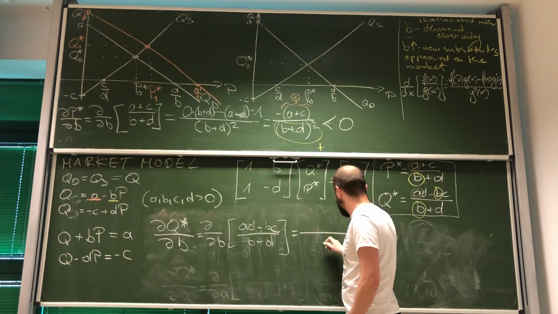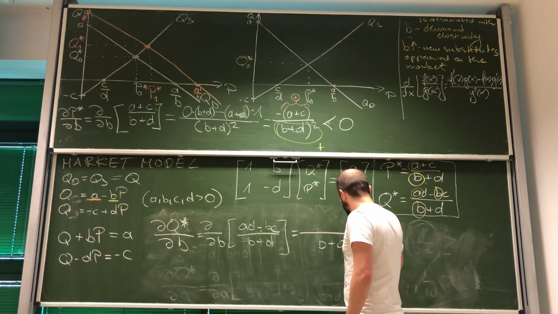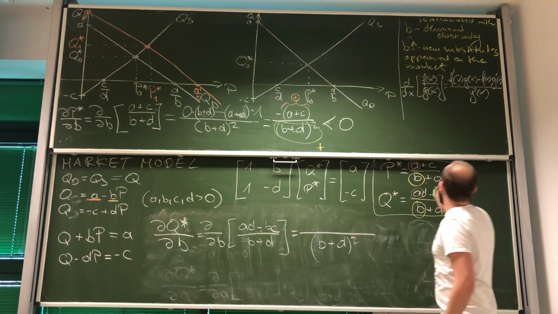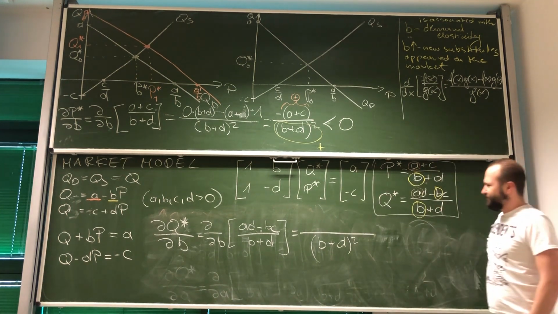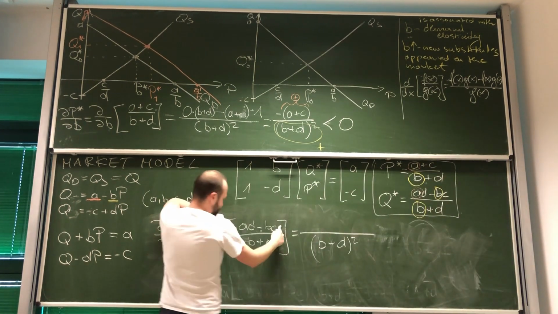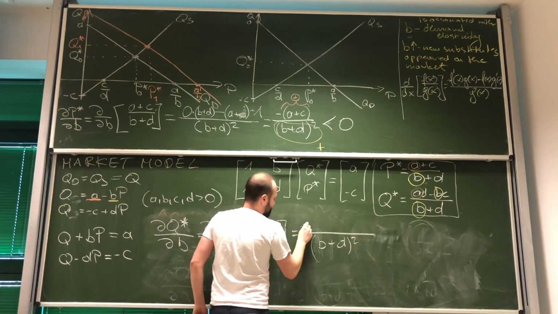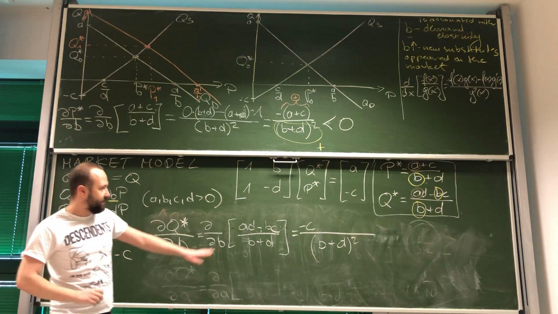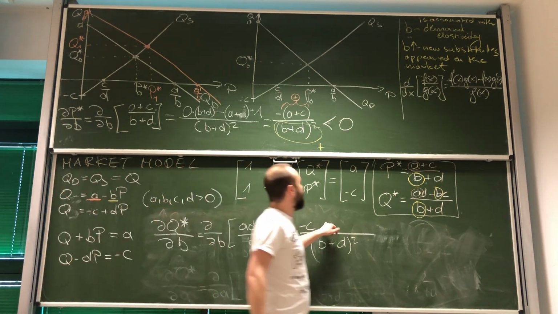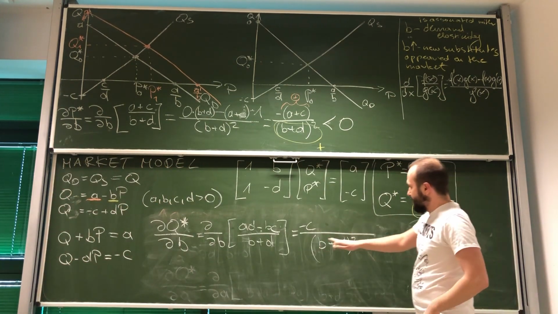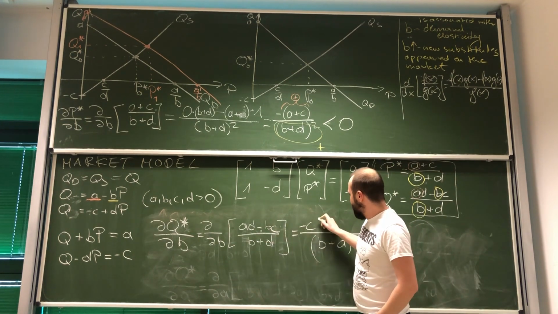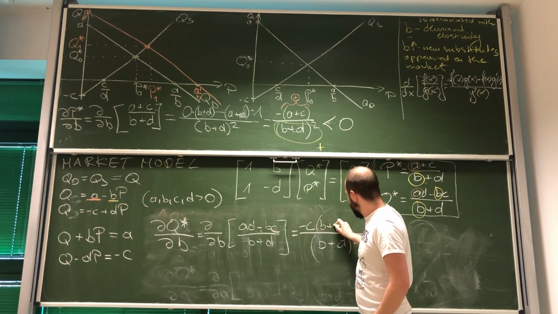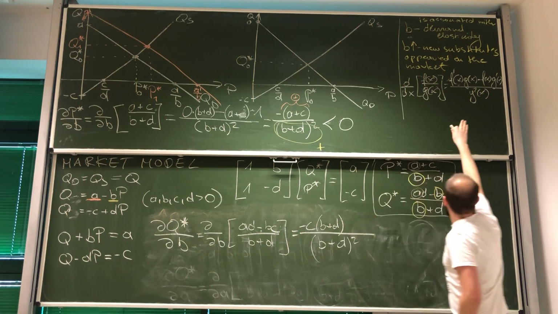Okay, so what have we got over here? This is B plus D squared, right? Because we start with this part. And now, the derivative of this is negative C. This is negative C, right? Multiplied by B plus D, right?